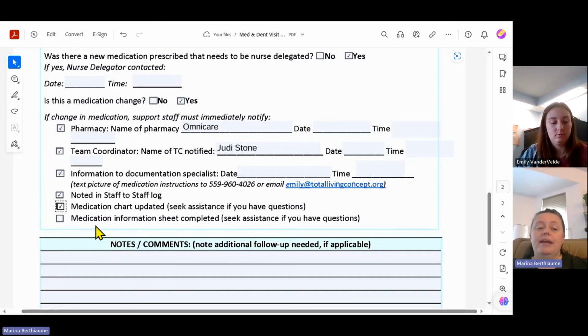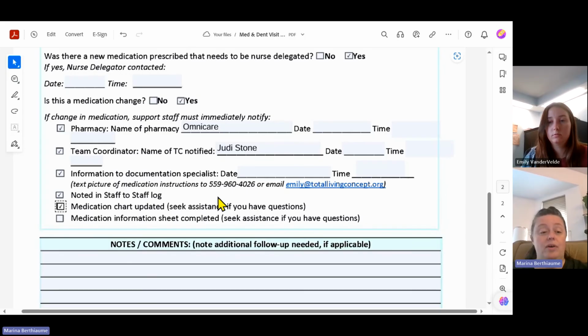And there are some blank forms at the houses for writing in changes. You can also go to the documentation specialist and work it out between Emily and your team coordinator as to whether you're going to just do a handwritten change on one of those blank forms, or they're not blank, they're actually med charts, but they're just generic. They haven't been pre-filled in yet.